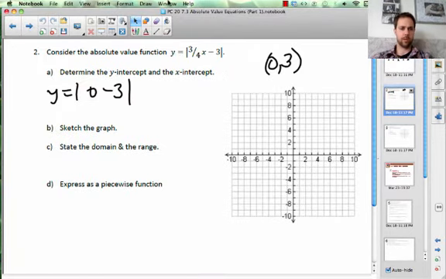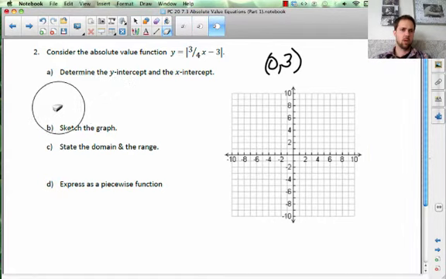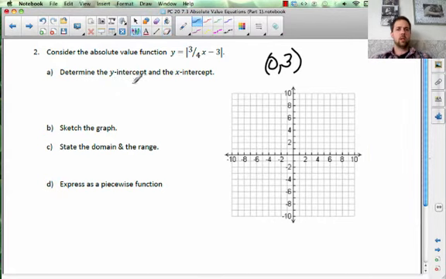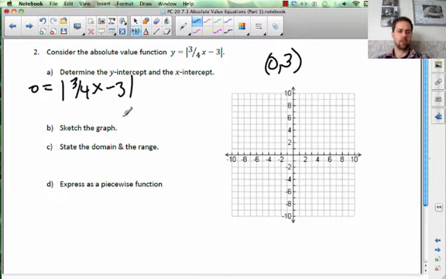Okay, so here's where we were. So there is your y-intercept when x is 0. And now your x-intercept when y is 0, so we have 0 equals the absolute value of 3/4 x minus 3. Okay, so you can figure out where that's going to be positive and where it's going to be negative.